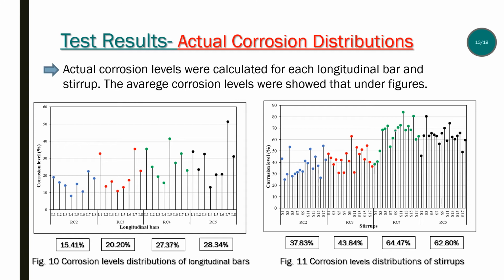Actual corrosion levels were calculated for each longitudinal bar and stirrup. The average corrosion levels are shown under the figures. Figure 10 shows corrosion level distributions of longitudinal bars, and Figure 11 shows corrosion level distributions of stirrups.